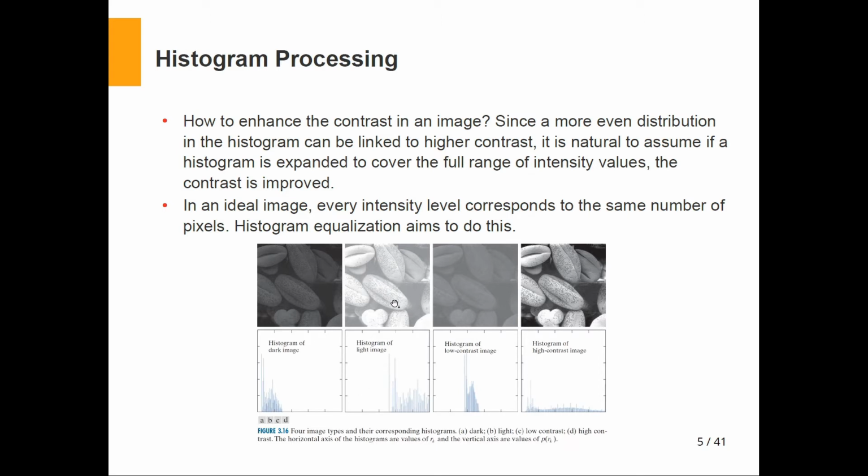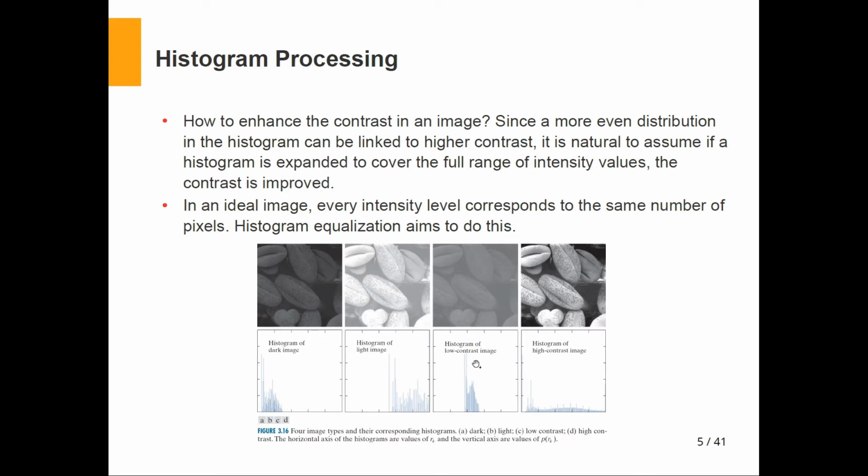In the second image, we have a much brighter appearance, but the image looks very washed out. If you look at the histogram of the image, you see that now the intensity levels are more located toward the bright side of the intensity range.